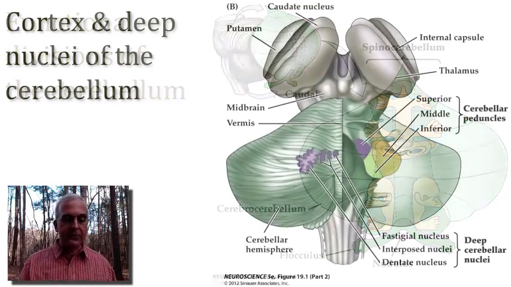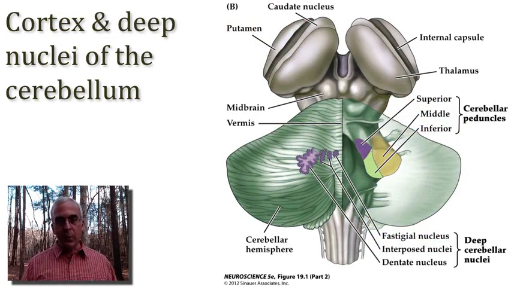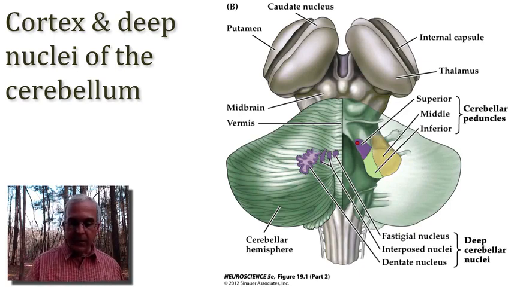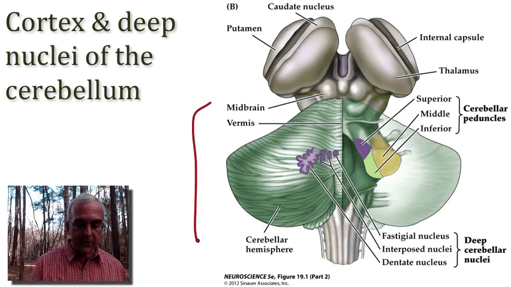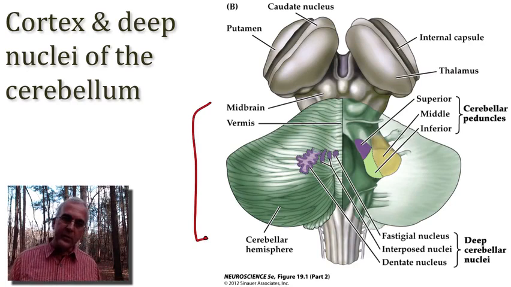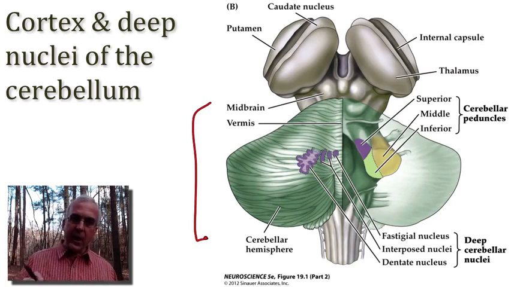Now, as I mentioned, there are two levels of processing with respect to the gray matter of the cerebellum. There is the cortex, and then there's the deep nuclei. So the cortex is what we see from the outside when we look at these massive cerebellar hemispheres. And this cortex is folded into these tight little mini convolutions. Now in the cerebrum we call these gyri, and the spaces between them we call these sulci.